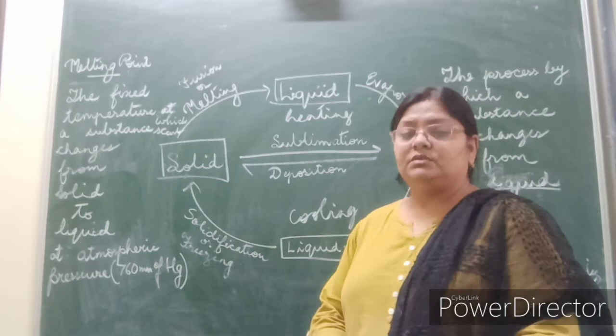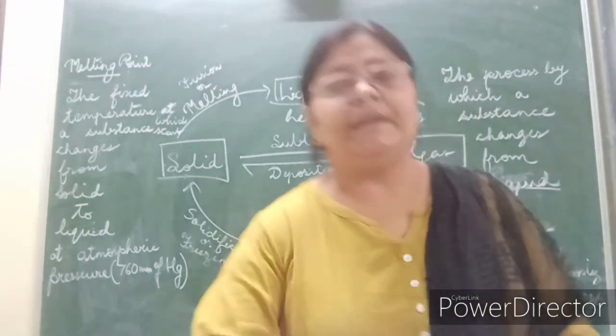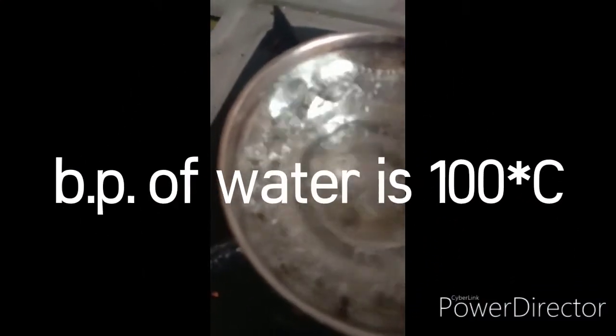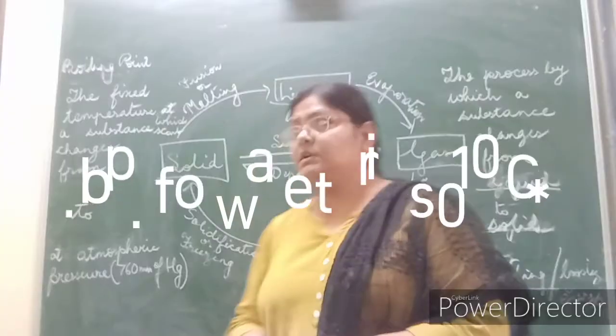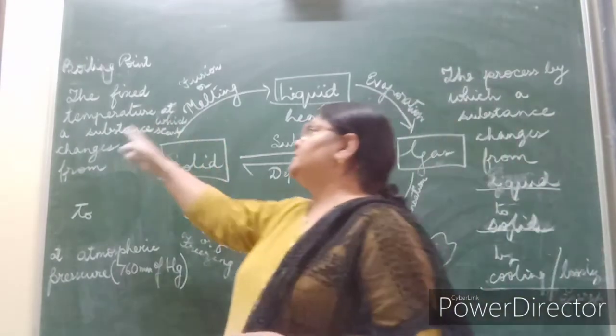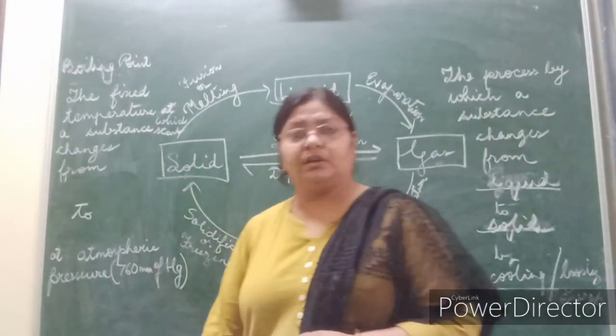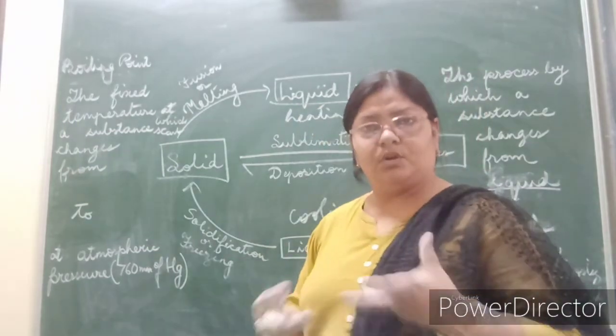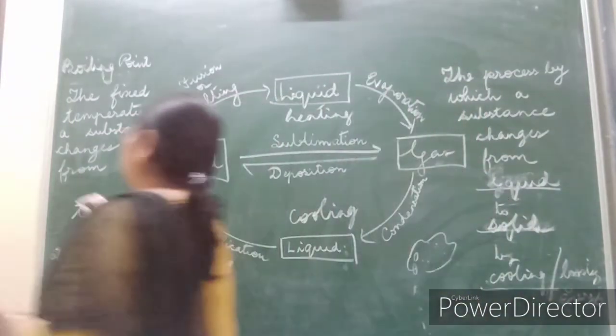Now talking about boiling point. In boiling point, what is seen? It is also a fixed temperature at which a substance starts changing from liquid to gas. The water boils, you saw it, isn't it?